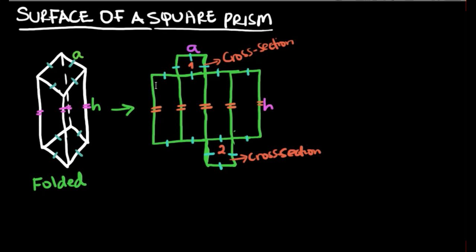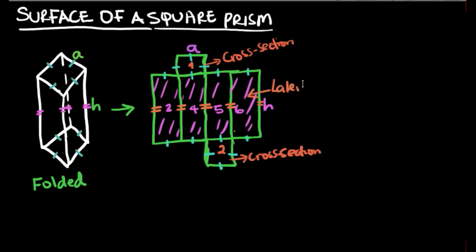Then these parts 3, 4, 5, and 6, we call the lateral area.